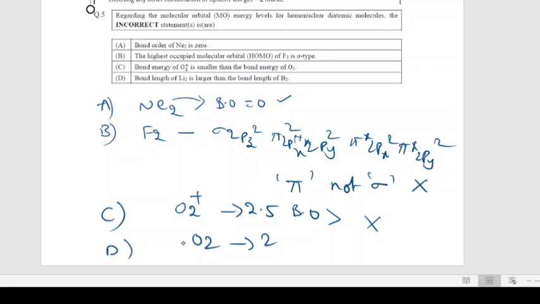So if we consider the bond lengths, as both Li2 and B2 have the same bond order, 1, we can say that the Li2 bond order is not greater than that of B2. Hence, the wrong statements are both B and C, but we have to choose the answer as B or C.